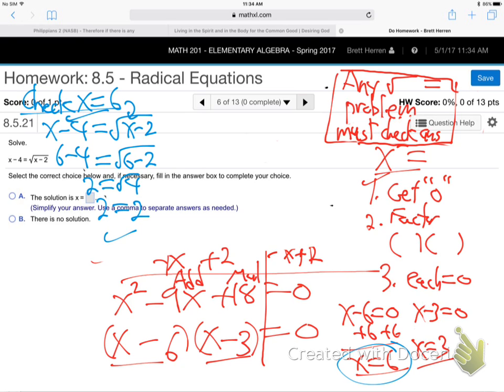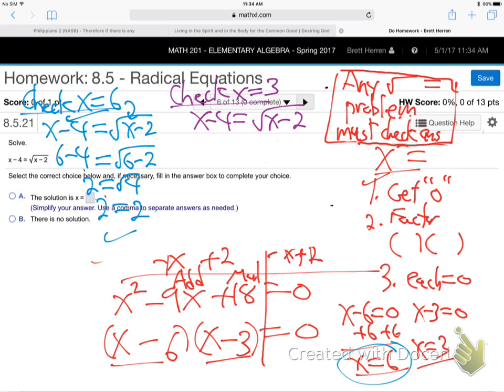But how about the other one? Let's check. X, what was the other one? 3? So again, you go into the original. You always check with the original. I'm just grabbing the original starting equation each time, and plugging in the answer, one answer at a time for all the x's.